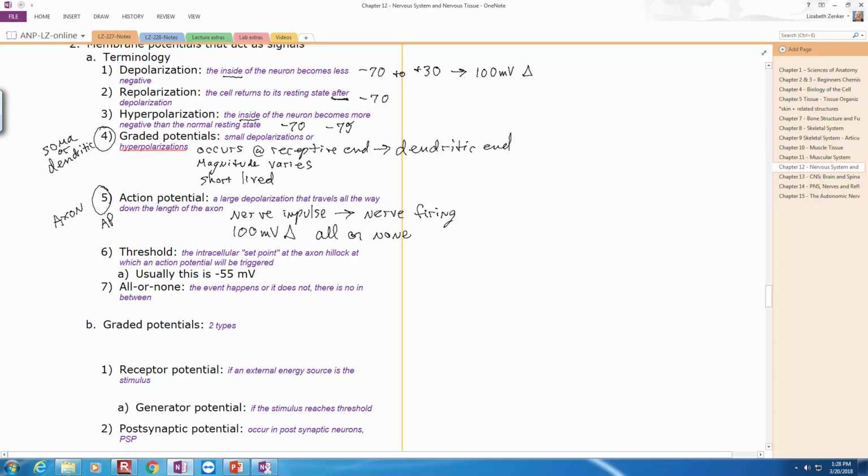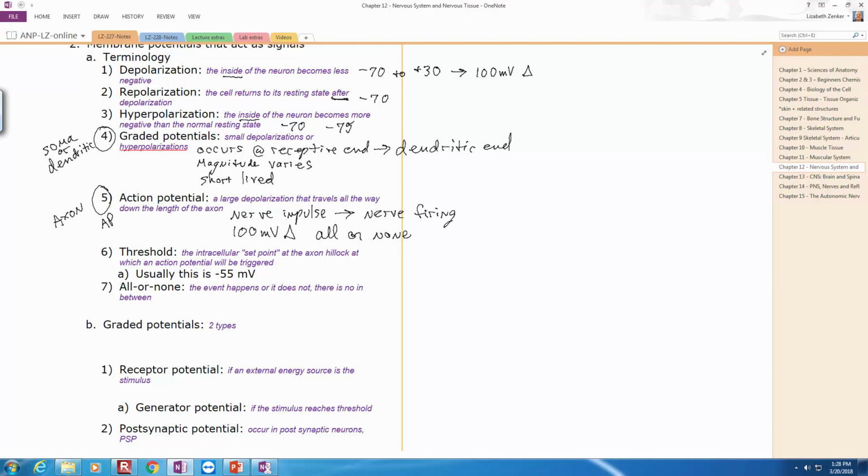If you don't have that change, that 100 millivolt change, you don't get a firing. That's why I said it doesn't matter how many graded potentials. If you don't reach this threshold that we're going to talk about in a second, then no firing occurs, period. If you get a firing, it's the domino effect. Once it happens, it's going to happen all the way down. It's all or nothing. That's what that means.